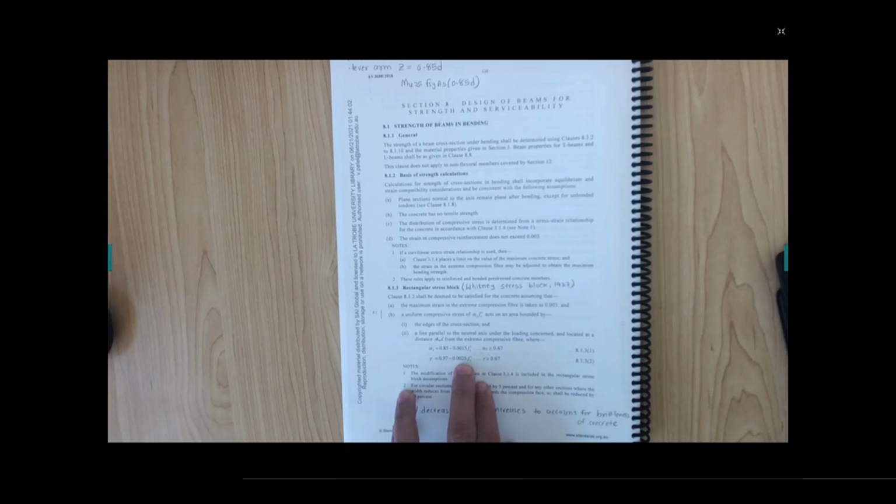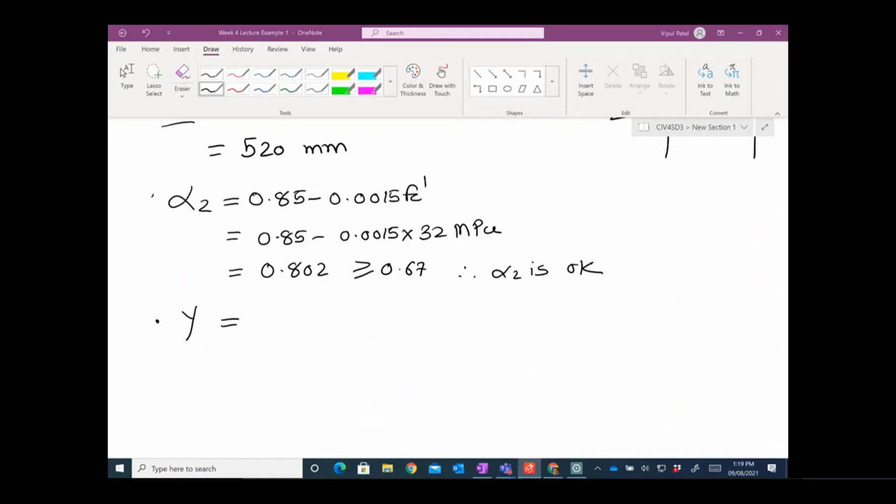And gamma is also given just down here: 0.97 take away 0.025 f'c, and gamma as well must be greater than 0.67. So I would have 0.97 take away 0.025 f'c.